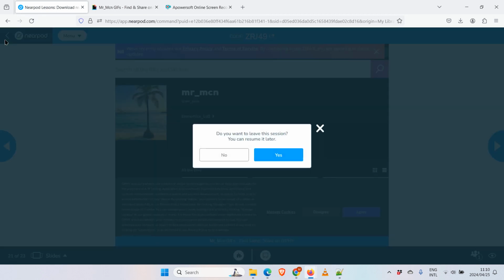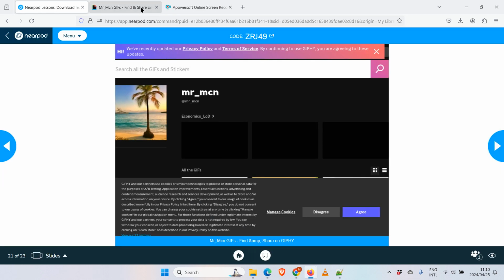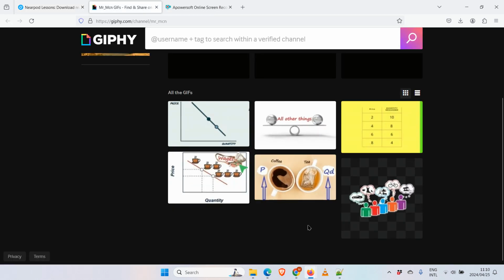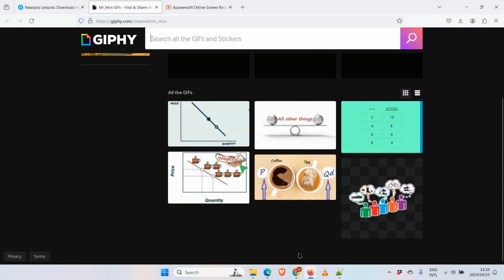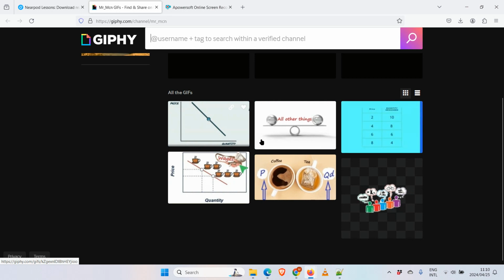The requirement for the students would be that they need to identify these 6 moving images. They need to name them.